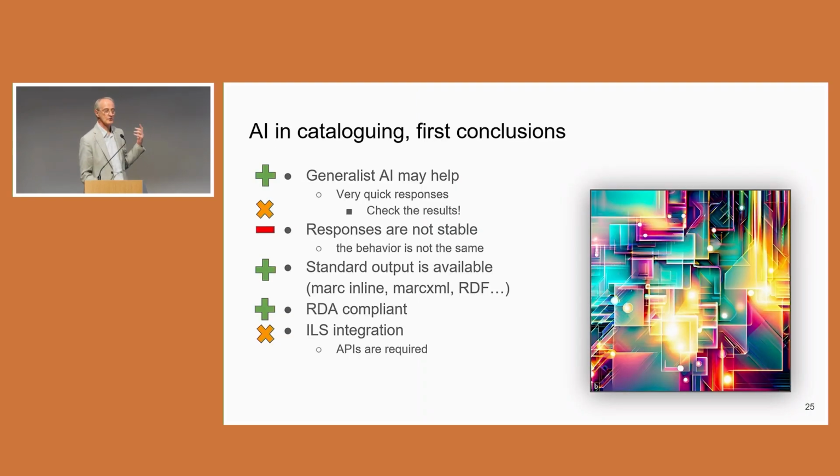So, in conclusion, for the artificial intelligence tests, a generalist artificial intelligence may help. Their responses are very quick, too quick. So you have to check the results. You have to ask more than once. But responses up to now are not stable.